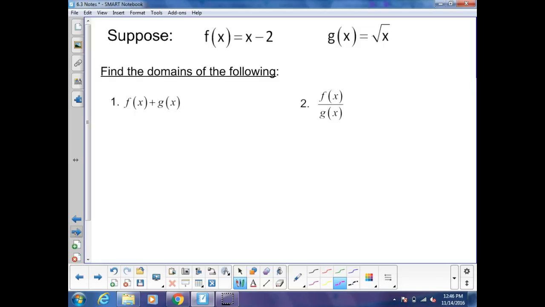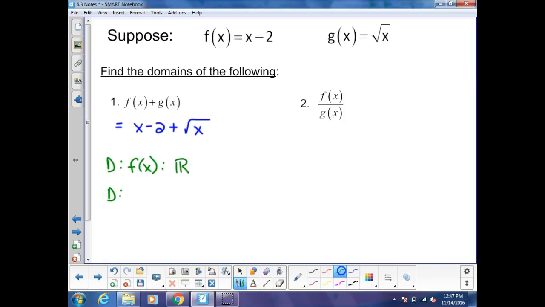Try those. Can't combine anything, so that's my new function. Okay. So the domain of f of x, all real numbers.